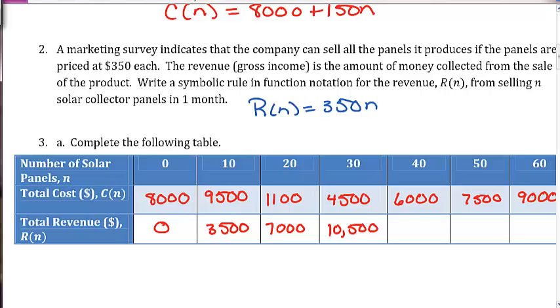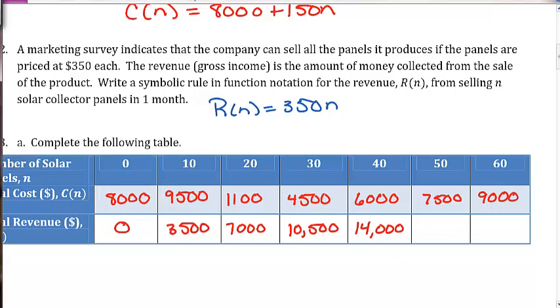And if I make 40, that will give me, let's see, 14,000. And if I sell 50 of them, that will be 17,500. And then 60 times 350 would give me 21,000.